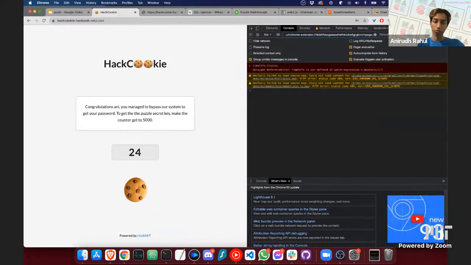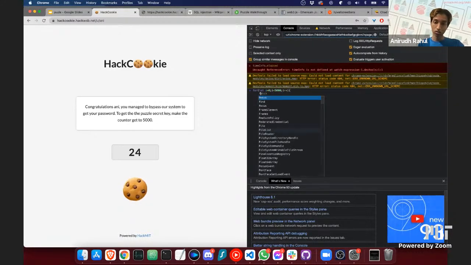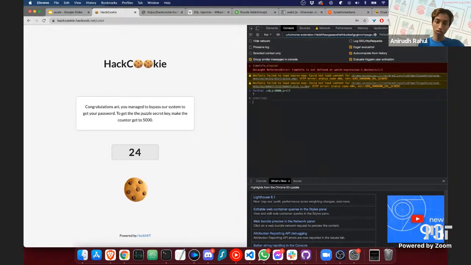So you can do a simple for loop like this. If I want to, let's say, call this 5,000 times, you can just fetch this API endpoint that we call every time the cookie is clicked. We can fetch it 5,000 times, and this will increment the counter by 5,000, right?